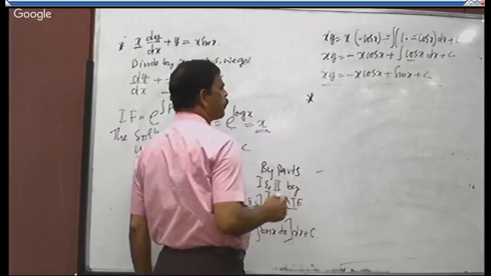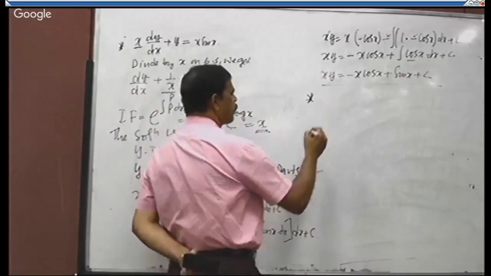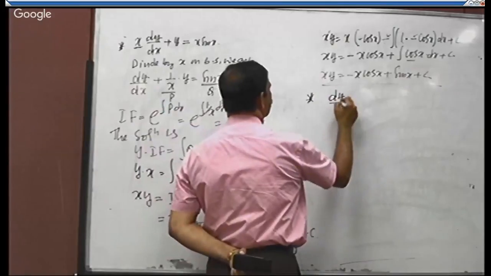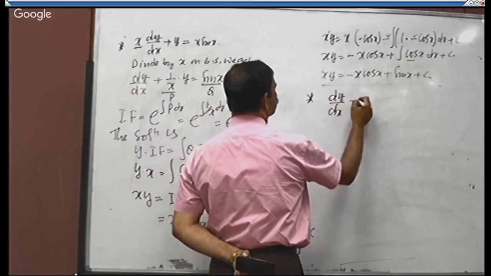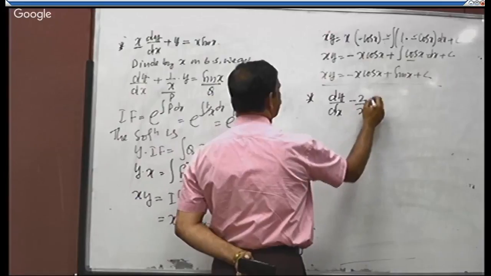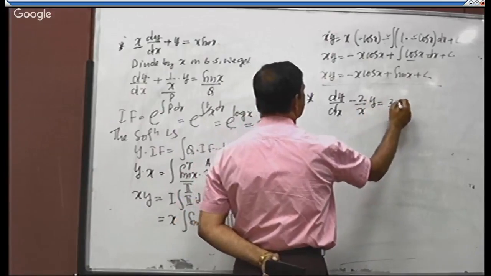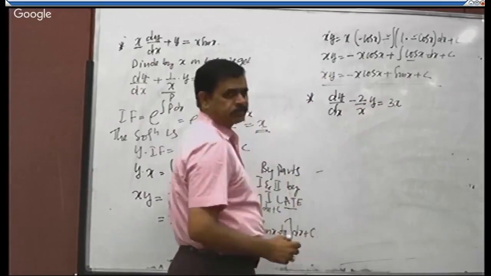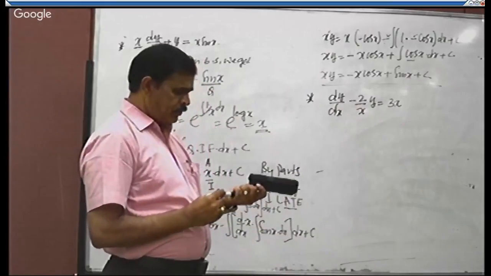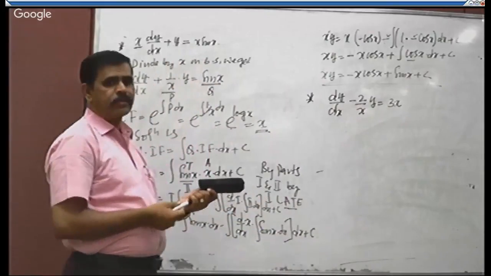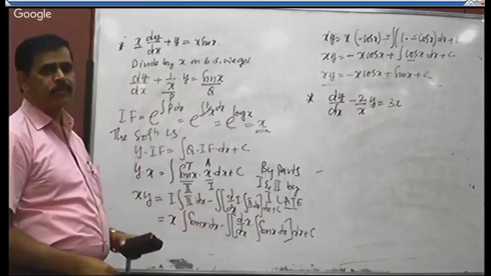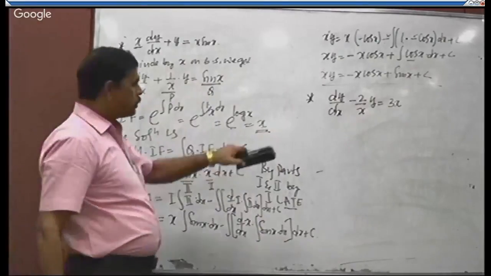Next problem of a different type. So this is an important one. Solve dy by dx minus 2 by x into y is equal to 3x. Check this one. Is it in the standard form of a linear differential equation? It is.